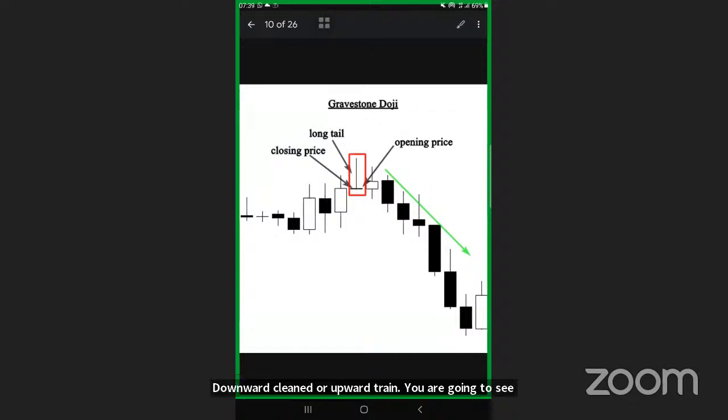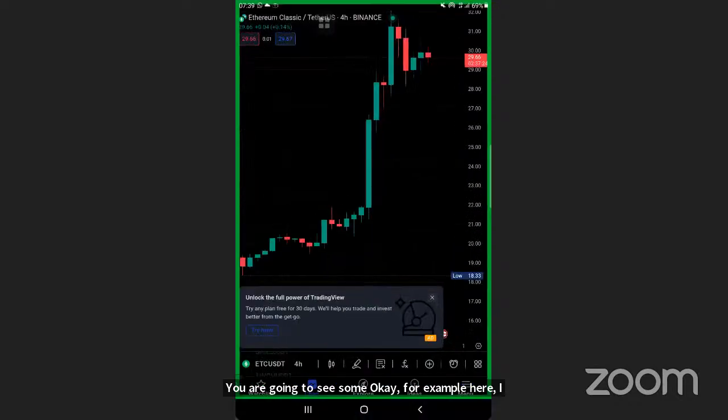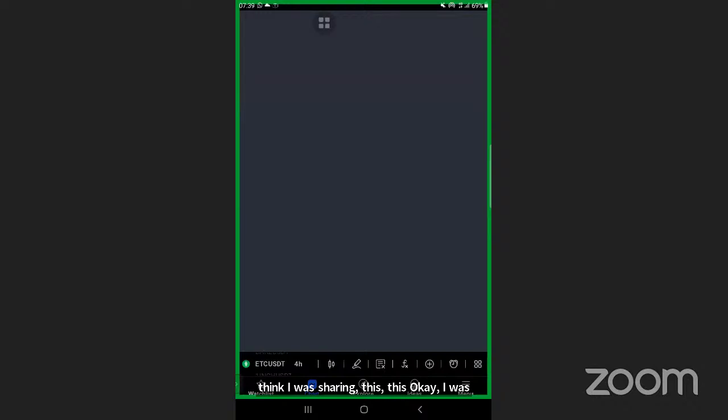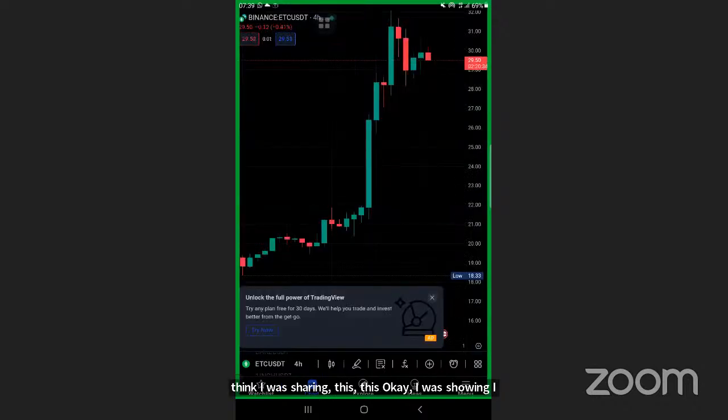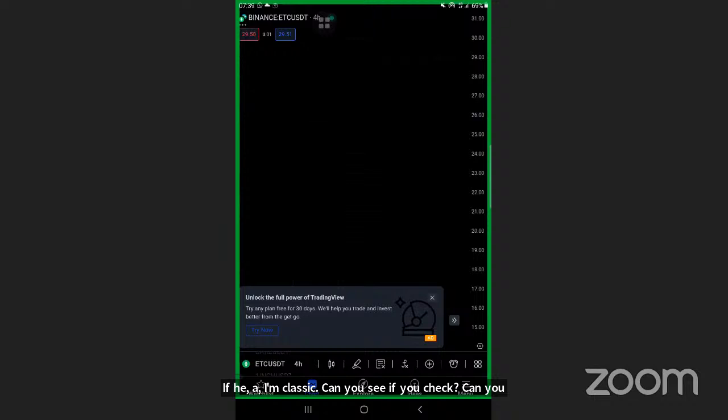For example, if we go to TradingView, you are going to see some dojis. Here, I think I was sharing this Ethereum Classic. Can you see the presence of dojis there?